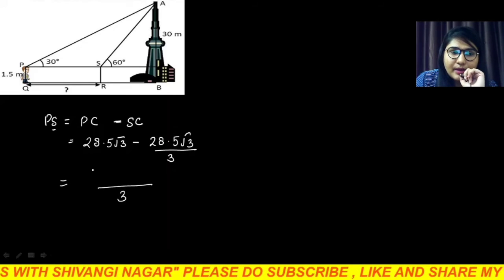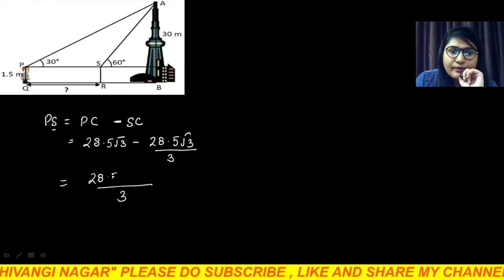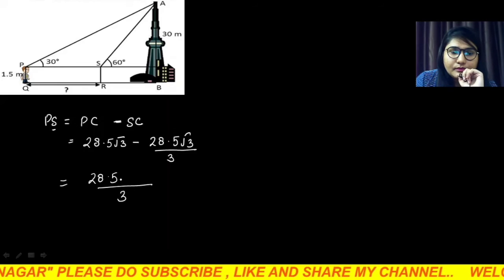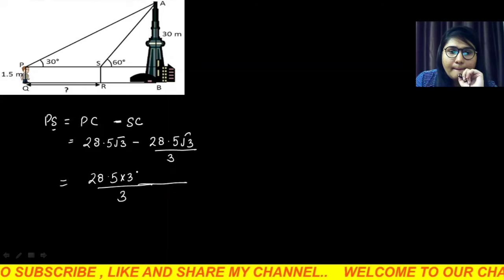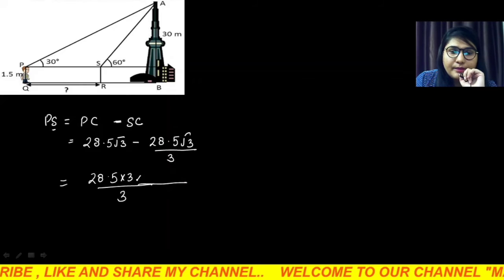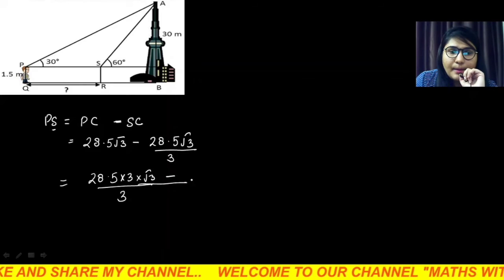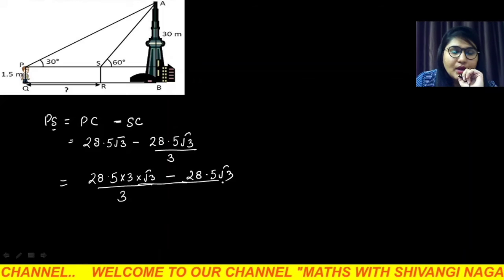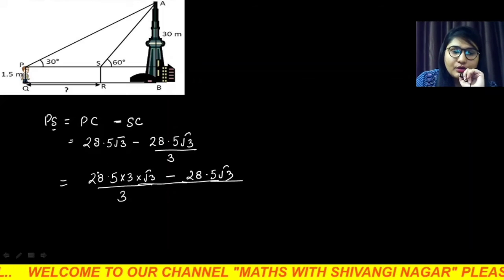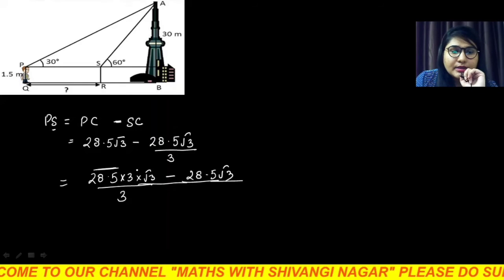LCM is 3. So 28.5 3 से multiply होगा into 3 into root 3 minus 28.5 root over 3. Now if you see in the numerator part, what are the things that are common?